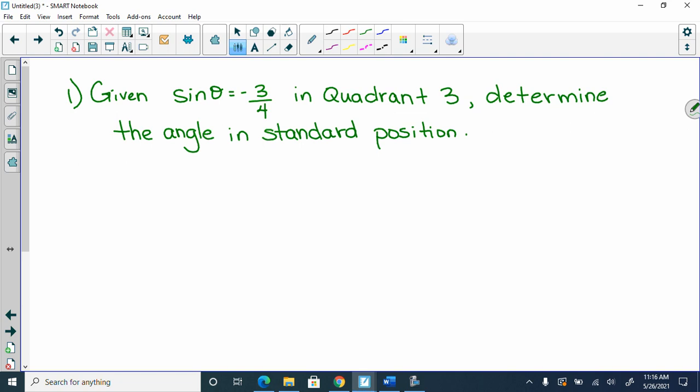So given sine theta equals -3/4 in quadrant 3, determine the angle in standard position.